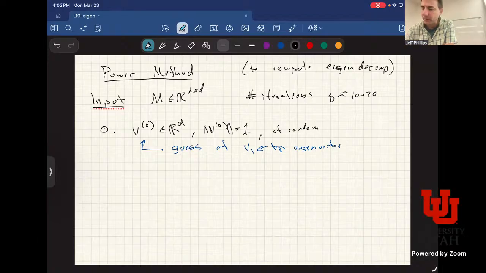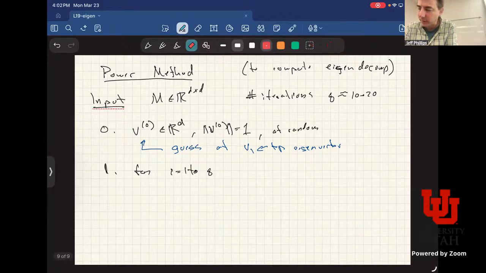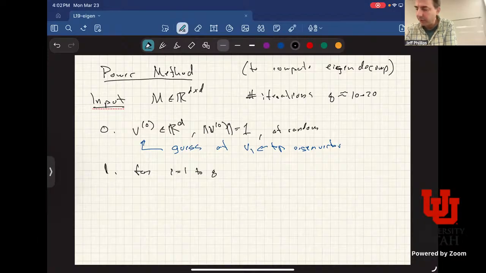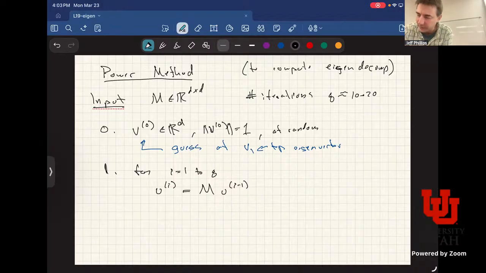Now it's going to have one step of iteration for i equals 1 to Q, where Q is the number of iterations. I'm going to run one important step: v(i) is going to be equal to M times v(i-1).